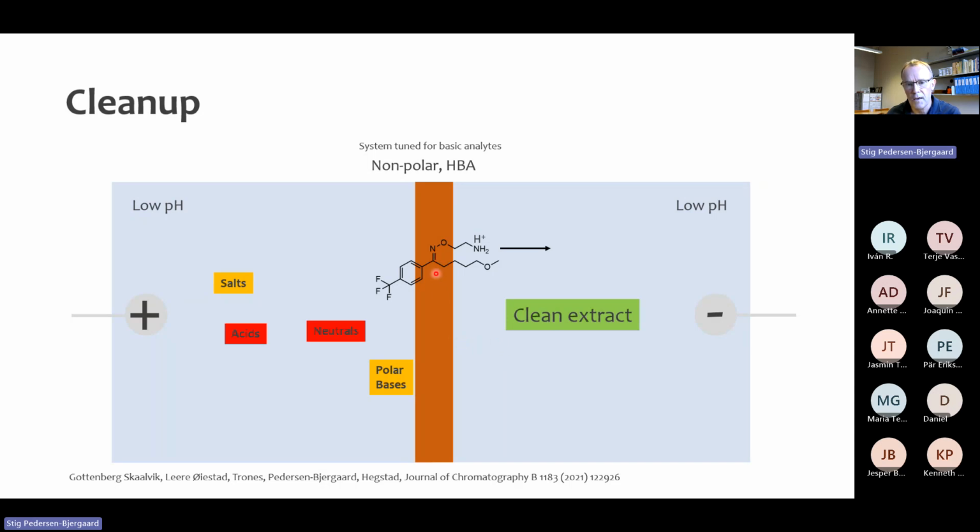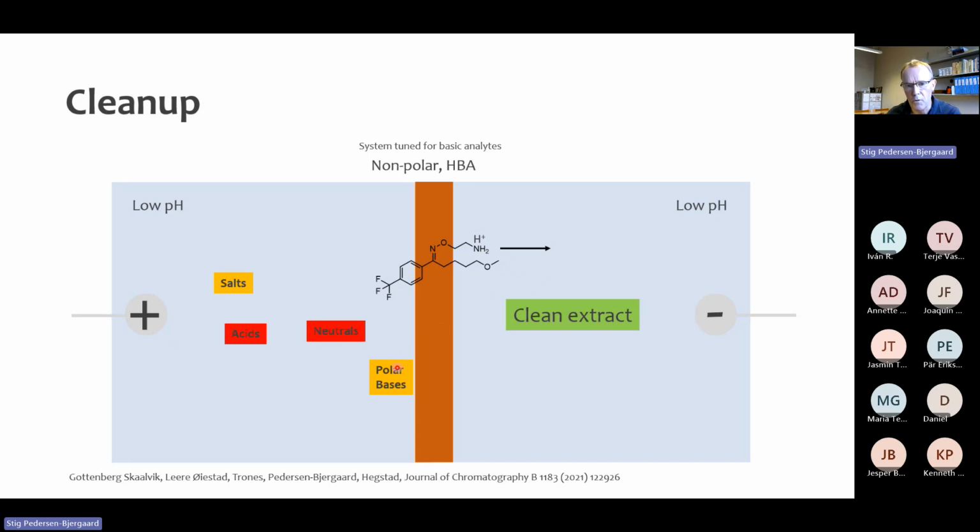So if we have a system tuned for basic analytes like this one, then we have the minus electrode in the acceptor, we have the positive electrode in the sample, and we have a relatively non-polar liquid membrane. This substance here, which is the analyte, can pass the membrane and get extracted.